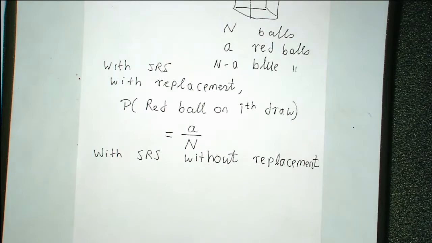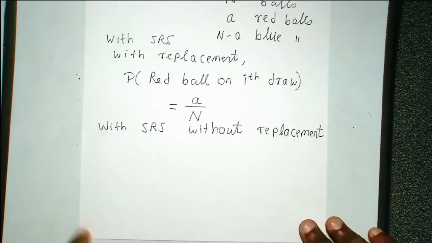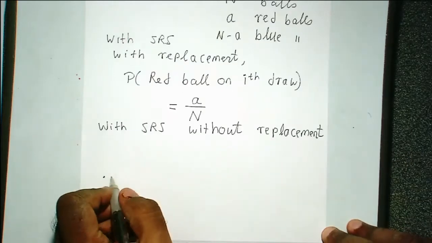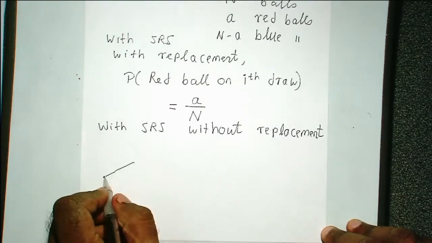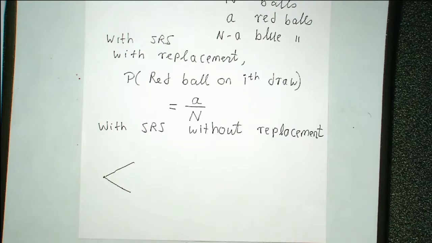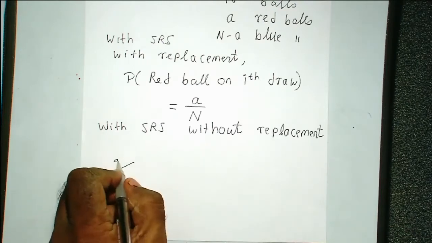Now, with SRS without replacement, the probability of selecting a red ball will not be the same every time. So for the first time the probability of selecting a red ball will be A over n.